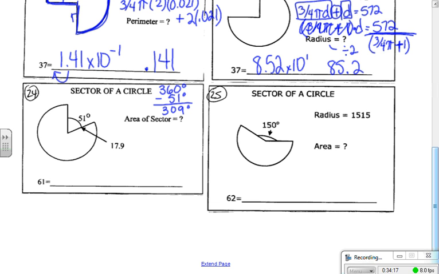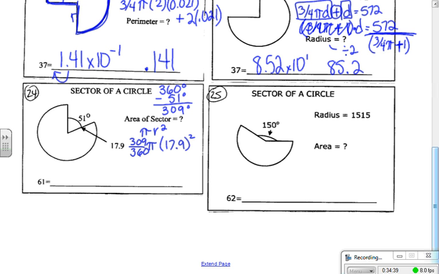If we're just going to find the area of the entire circle, it's just pi r squared. Pi times our radius, which is 17.9, squared. But we don't want all 360 degrees. We only want 309 out of those 360. So it's a fraction that we're going to be multiplying by.